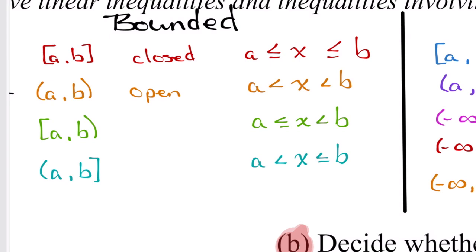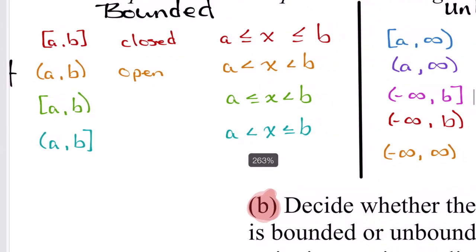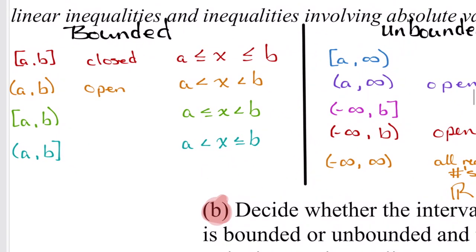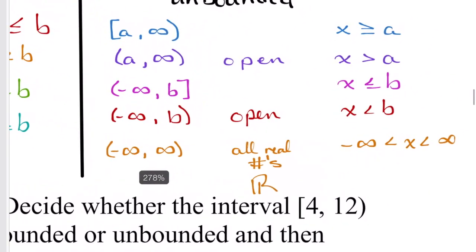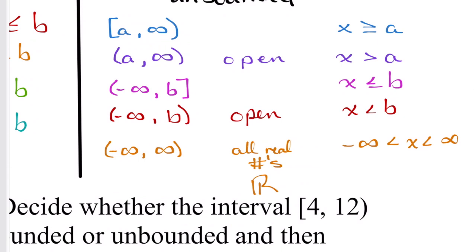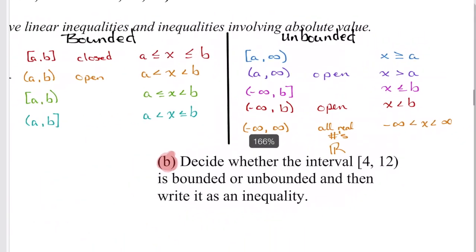We can have a variety, so some have both square brackets and parentheses. We can't touch infinity, so the infinity symbols, whether positive or negative, always have parentheses. And our starting numbers can have either parentheses or brackets depending on if it's an equal to sign or not.